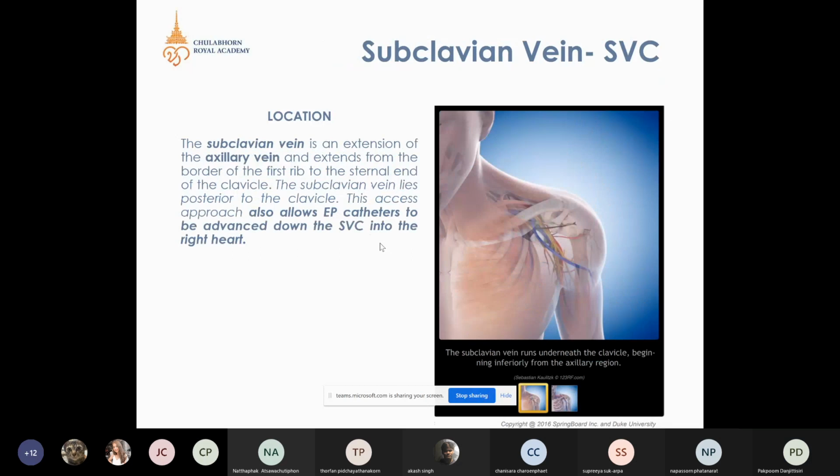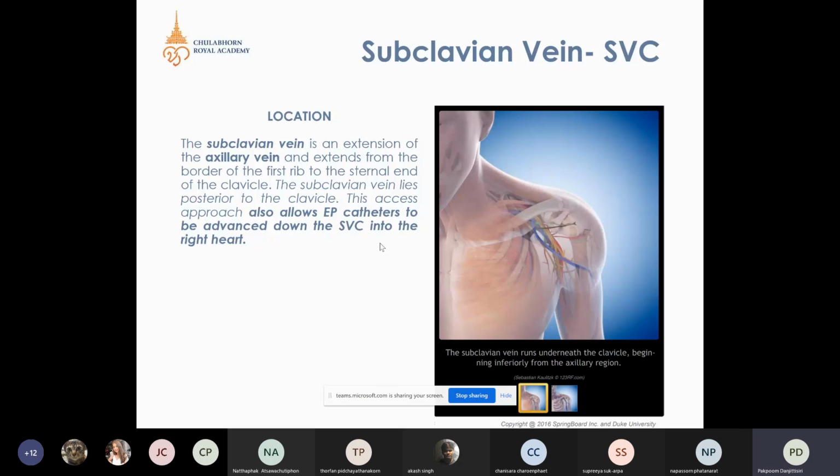Apart from that, the subclavian vein is another approach that the doctor can use to insert the catheter into the heart through the SVC into the right heart. But it's not that common at present. It's just a choice for the physician to choose the access site.